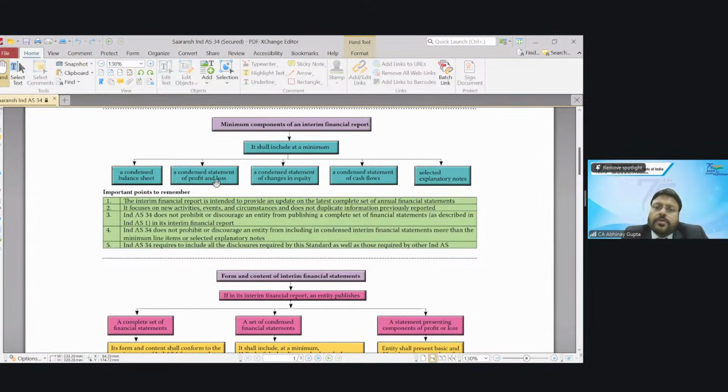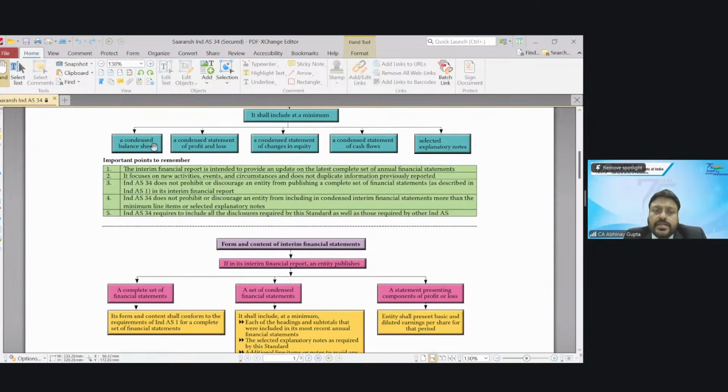Now, what are the minimum components of the interim financial reporting? It shall include, at a minimum, a balance sheet, which will be regarded as condensed balance sheet. A condensed balance sheet, a condensed statement of profit and loss, a condensed statement of changes in equity, a condensed statement of cash flows, and selected explanatory notes to accounts, right?